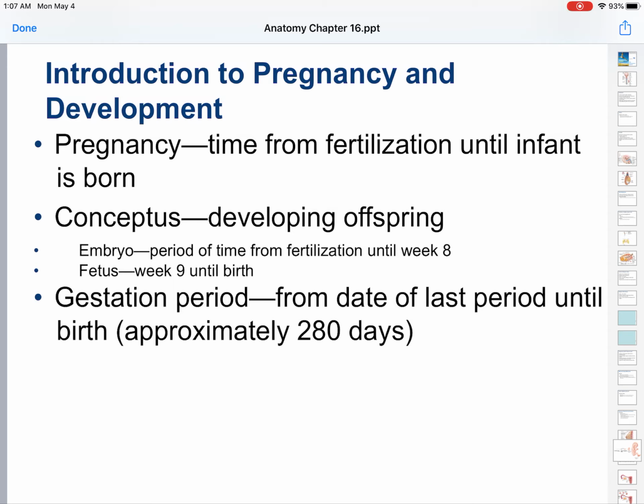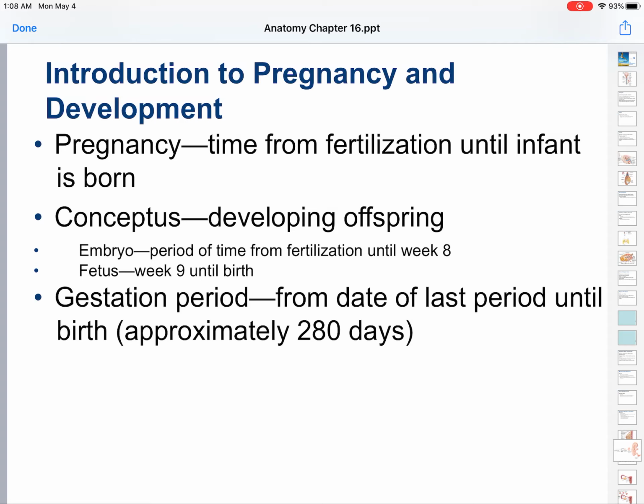After the first 2 months, you have what we call the fetus. The reason we have a difference between embryo and fetus is the embryo does not have all the organ systems of the body. Those are developed at different times throughout the first 2 months of the developing of the conceptus.